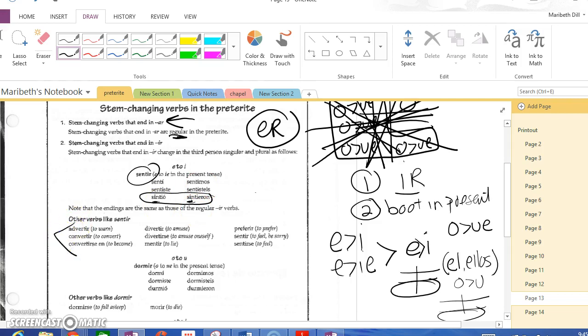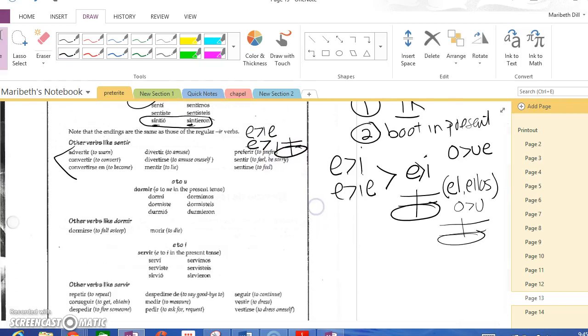All of these verbs right here are going to do what sentir does. They are E to IE in the present in the form of a boot, but in the preterite they are E to I downstairs only. Downstairs meaning the él, ella, usted form and the ellos, ellas, ustedes form. Now we've got O to UE. If it's O to UE in the present, it's going to be O to U, downstairs only in the preterite.